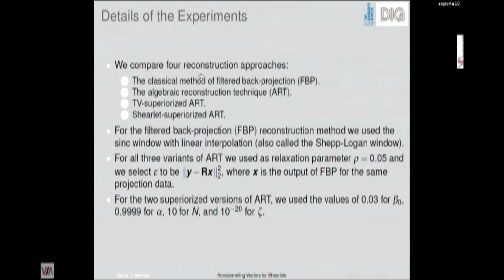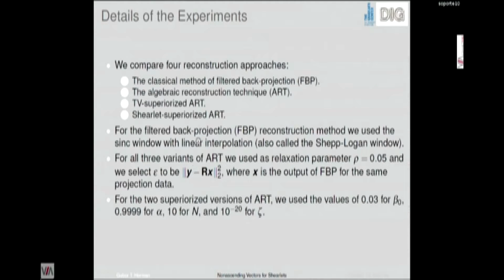There's a classical method referred to as filtered back projection, FBP. There's the algebraic reconstruction technique, which I described for you earlier on. We can superiorize ART using total variation, or we can superiorize ART using Shearlet. And so what I did is I used this classical technique and reconstructed with it.